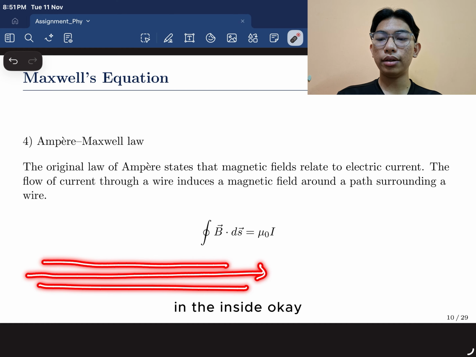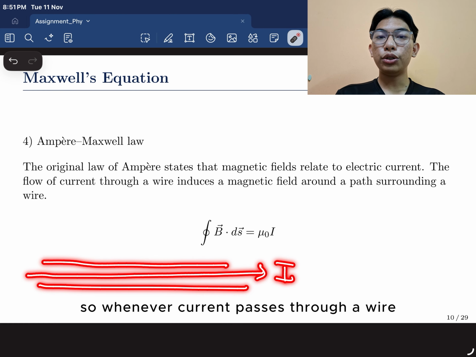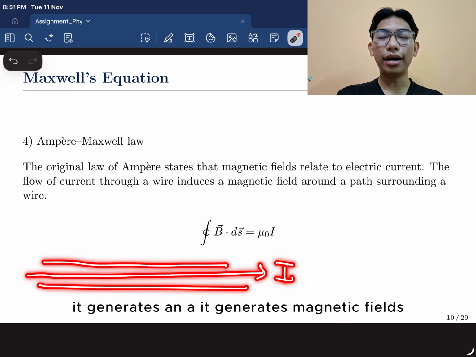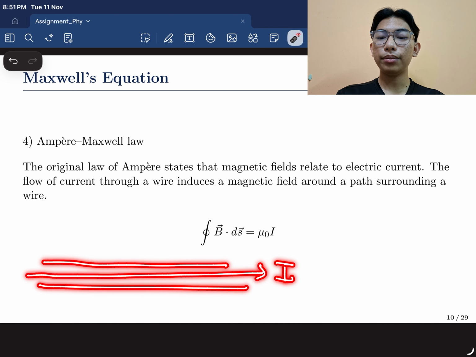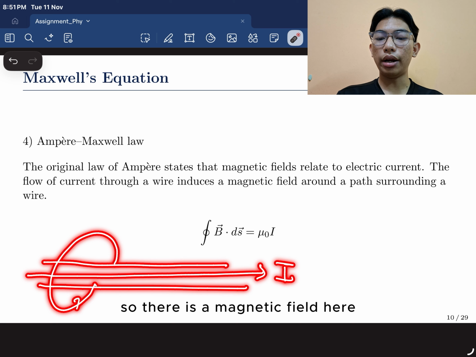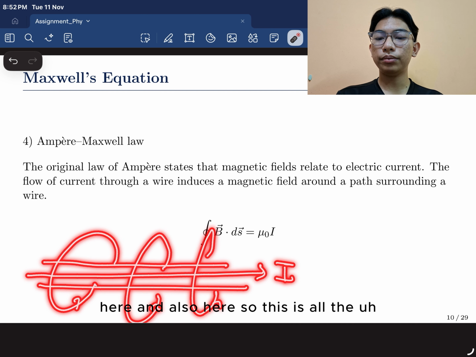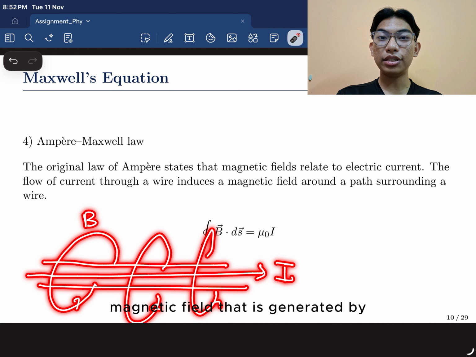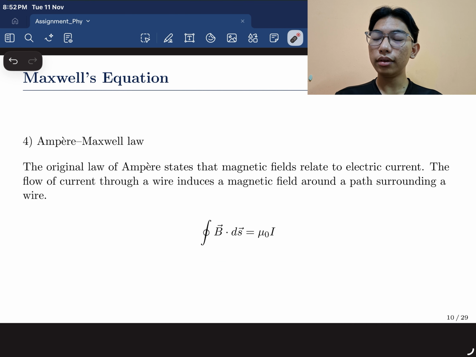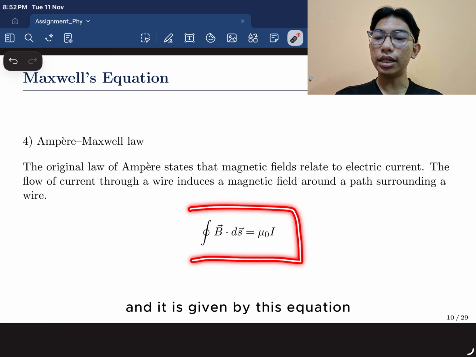Whenever current passes through a wire, it generates magnetic fields. So there is a magnetic field here, here, and also here. This is all the magnetic field that is generated by a flow of current in a wire, and it is given by this equation.